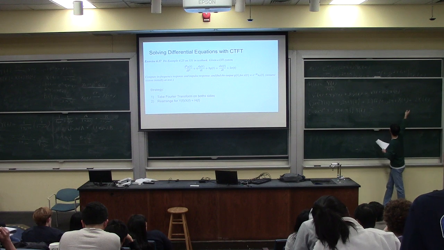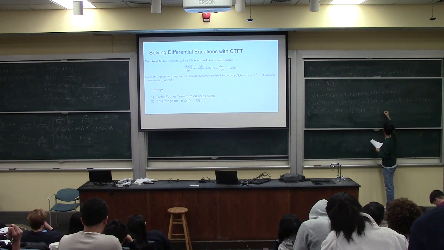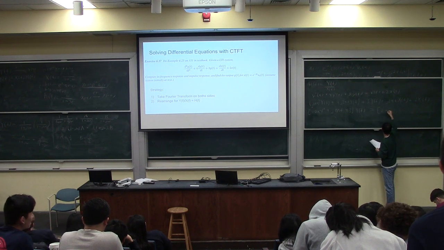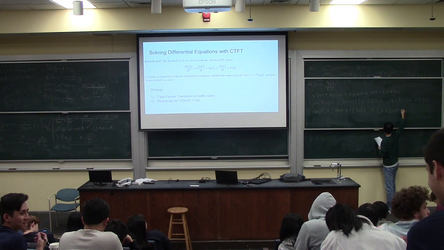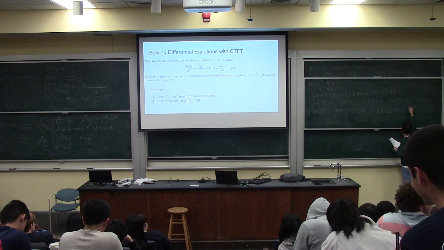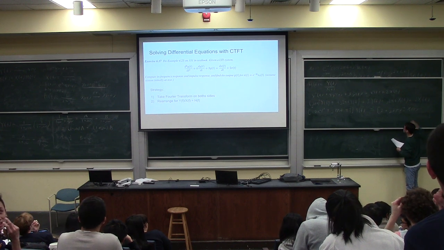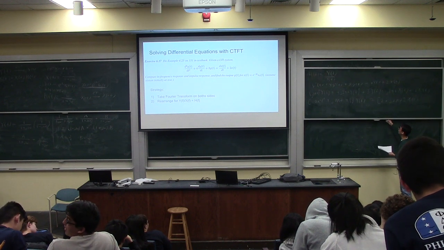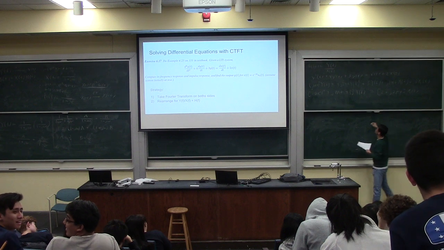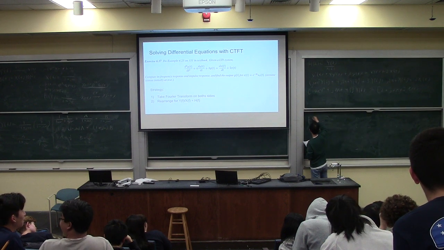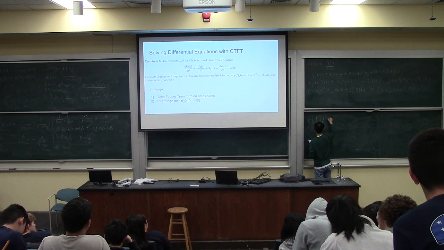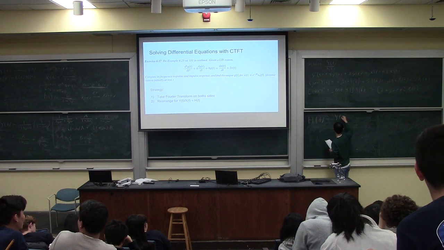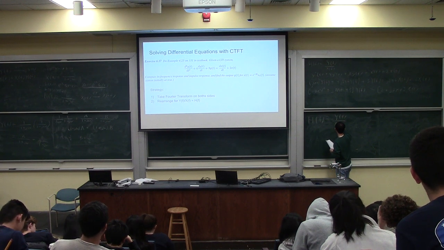On the right-hand side, bringing out factors of X, it's just 2 plus j2 pi f. Now we just rearrange to get Y of f over X of f. So our H of f is equal to Y of f over X of f.